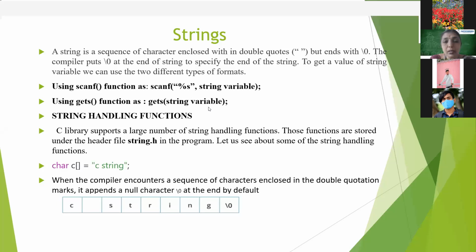And after that, you can also use gets. One is the formatted one, the other is the unformatted one. So we have formatted input output statements and unformatted input output statements. scanf is an example of a formatted input statement, and gets is an unformatted input statement, right?